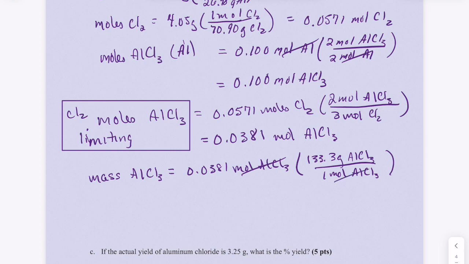So that cancels out. We've got grams of aluminum chloride for my answer, and the value that we get is 5.08 grams.